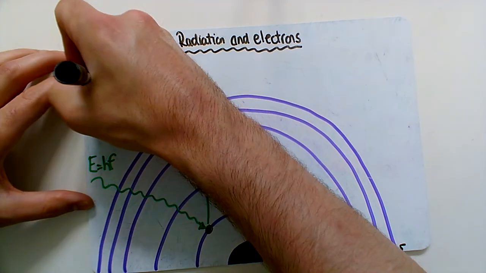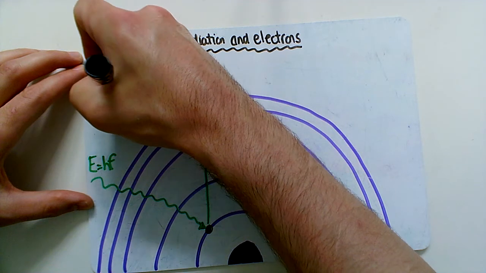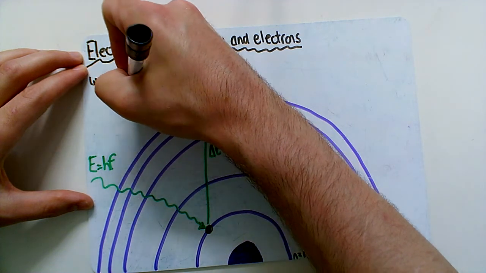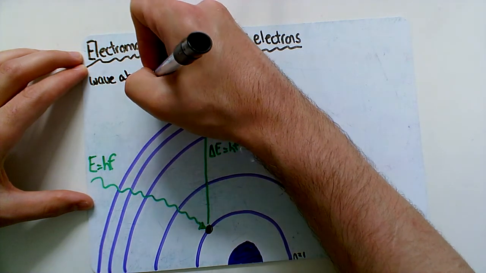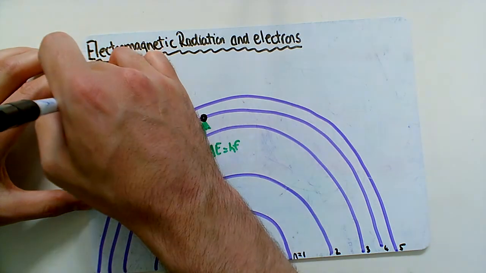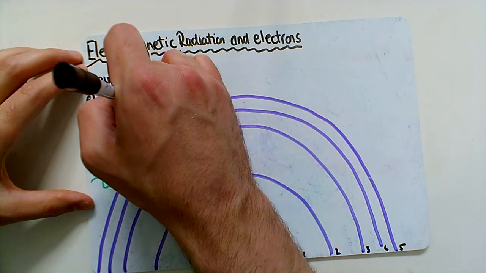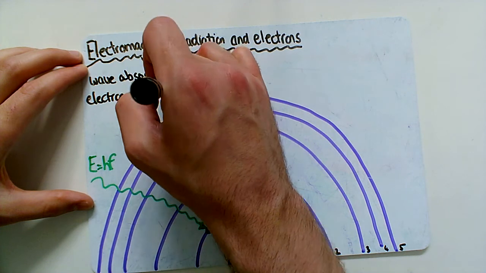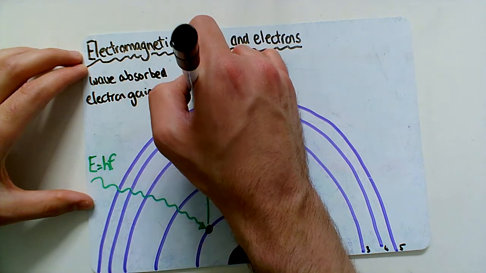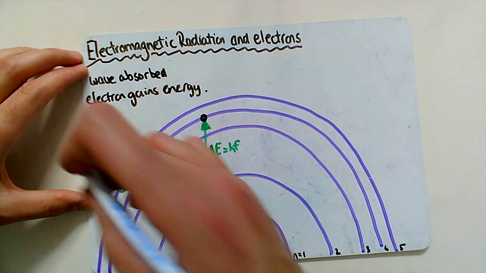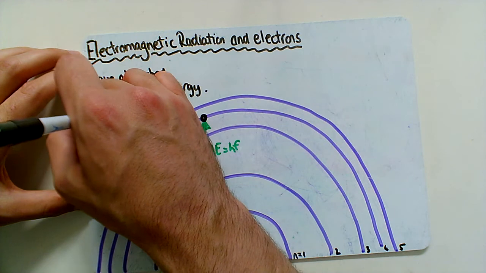And so if a wave is absorbed, the electron gains energy. And we can talk about it becoming excited.